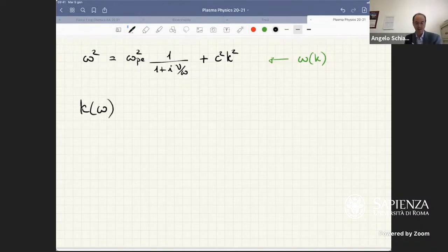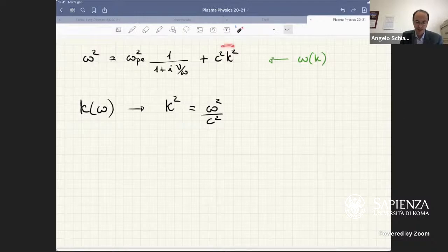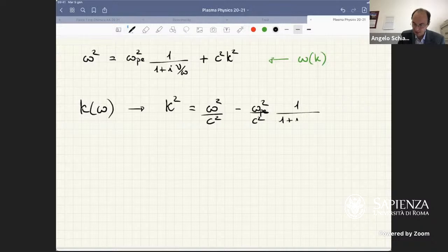Another way of expressing the dispersion relation is the link between omega and the allowed k. So we can write that k squared is going to be omega over c squared, solving for k squared on the right-hand side, minus omega p squared divided by c squared that multiplies 1 over 1 plus i nu over omega.